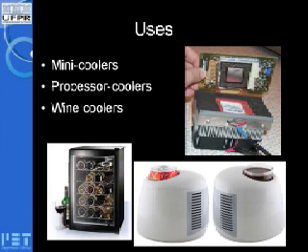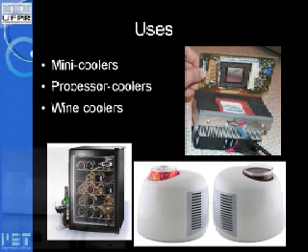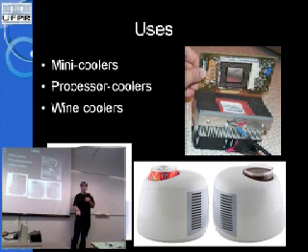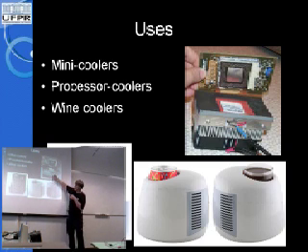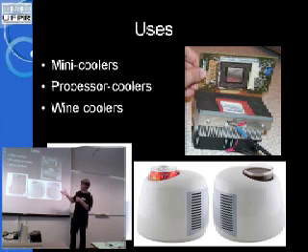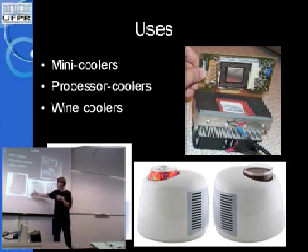Another use: some people use it as a processor cooler. Why? Because making a temperature difference will make your processor cooler, which means you can overclock your processor more easily, and you make this side hotter, which makes the heat transfer faster.